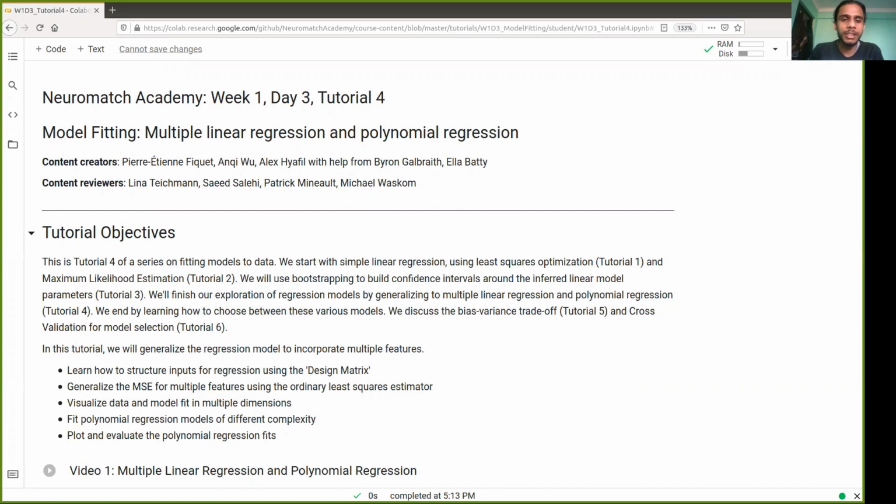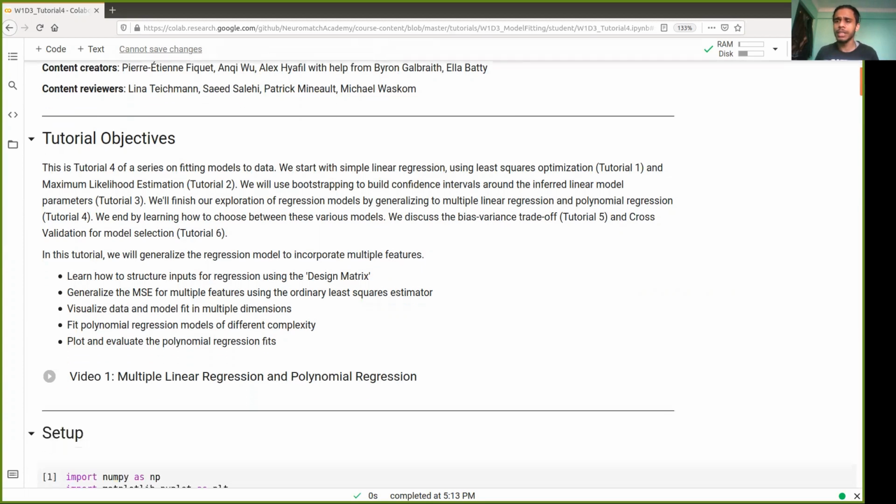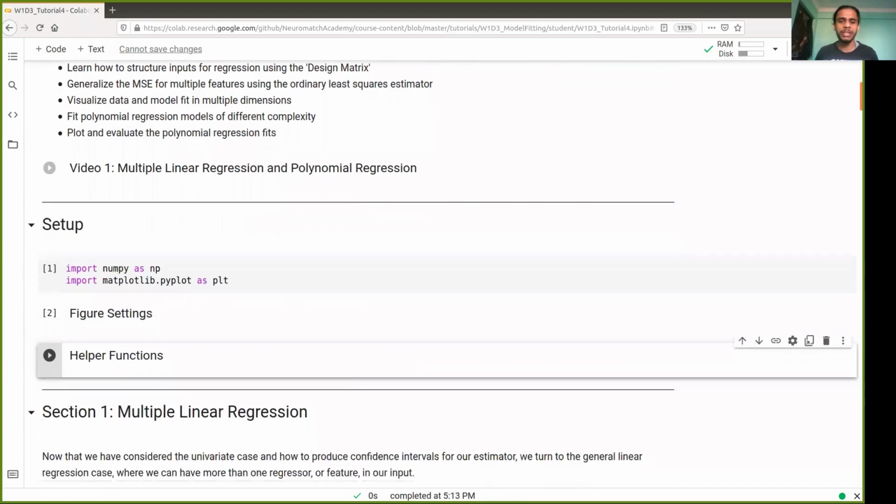So today, on the third day of the first week, we'll be discussing multiple linear regression and polynomial regression. So let's go into this, right? Before going deep into the stuff, let us get to know what regression means. Regression is a statistical tool that is used to build a relationship between two or more variables, right?